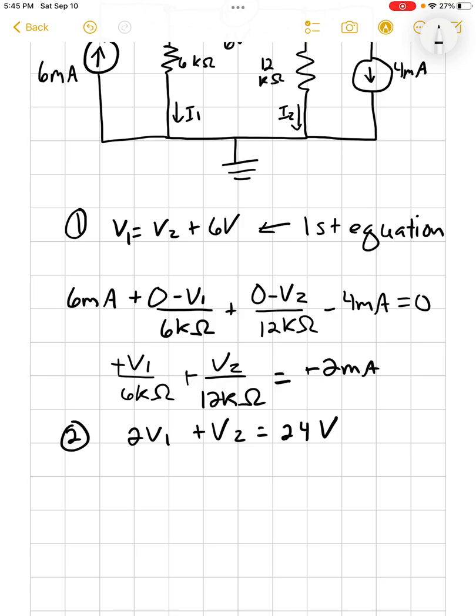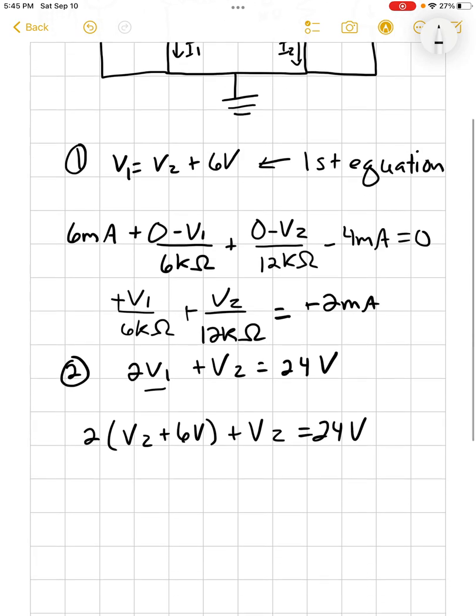So I can plug V1 in from my first equation into my second equation. So I'm going to have 2 times V1. Well, V1 from my first equation is V2 plus 6 volts, plus V2, and that has to be equal to 24 volts.